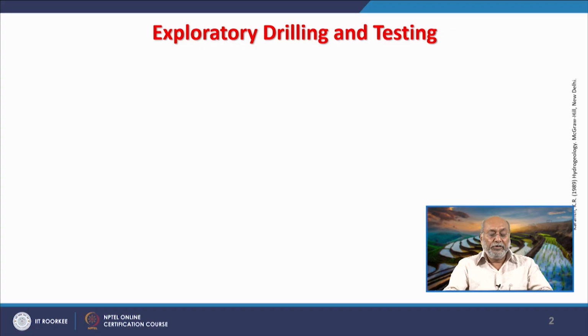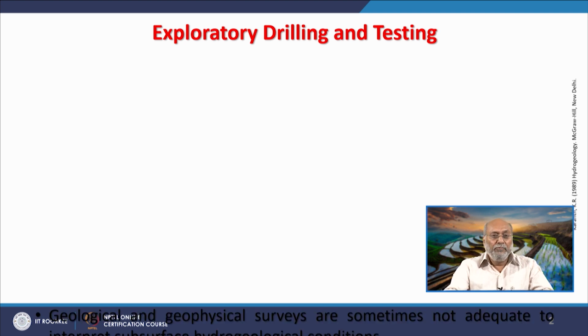This involves exploratory drilling, which we also discussed when we were discussing electrical resistivity tomography. There, some exploratory drilling is done, then test drilling is also done, and final drilling can also be implied in the same way.